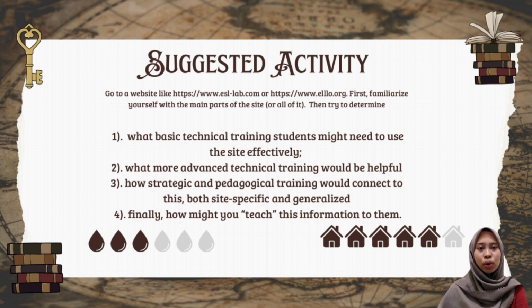Number two, what more advanced technical training will be helpful. Number three, how strategy and pedagogical training will connect to this, both site specific and generalized. And number four, finally, how might you teach this information to them?